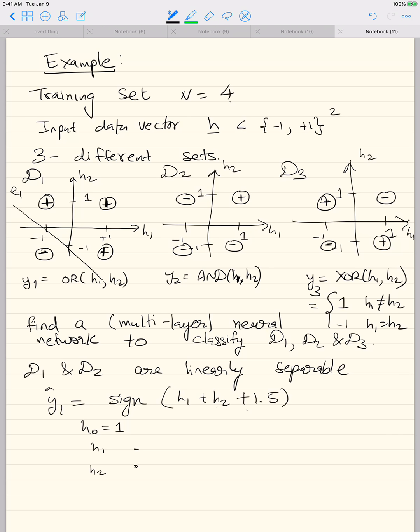So we have 3 values like this. Since we are taking the sign of H1 plus H2 plus 1.5, we'll put the summation block. The bias gets multiplied by 1.5, H1 and H2 get multiplied by 1, and then we pass this through the sign function, and this will be the output.